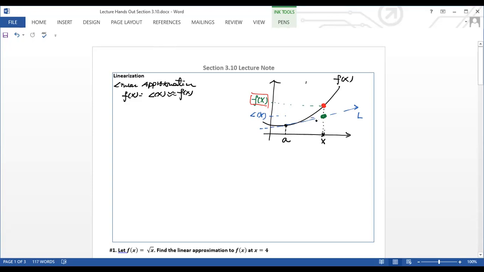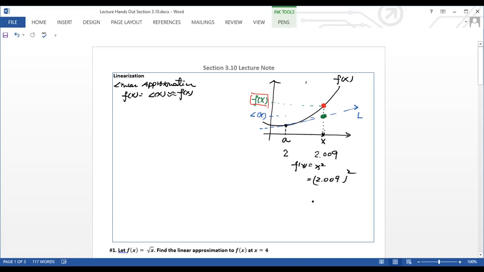For example, we'll find examples later: if x is 2.009 and f of x is x squared, I know that 2 squared is 4, but for 2.009 you need to square 2.009.